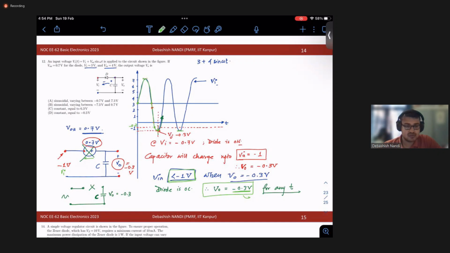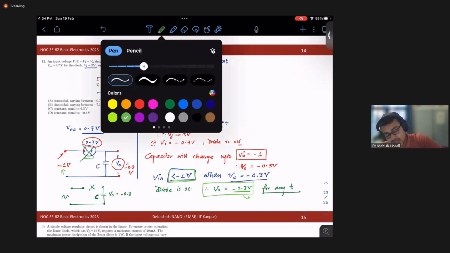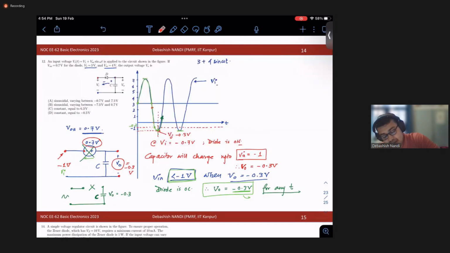So one way you can discharge the capacitor is you simply reduce this DC part. Suppose you clamp it down to 1 volt DC. How do you, by the way, give this DC input voltage? You just add a battery and a signal generator.